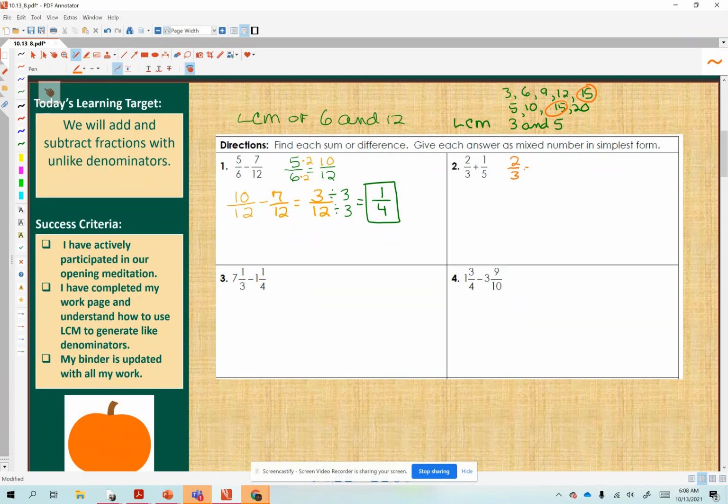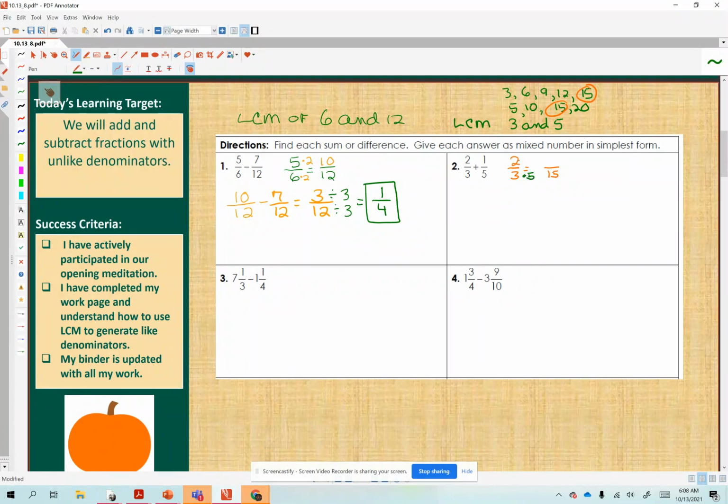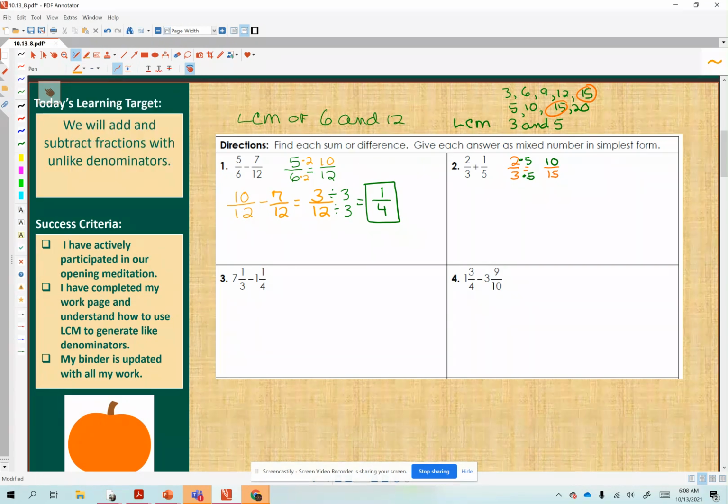So 2/3 to 15ths, what am I going to do with that 3? Well, I'm going to multiply it by 5, which means I will multiply the numerator by 5 as well, which gives me a 10. Now, let's work with the 1/5 and convert that to a fraction with a denominator of 15.